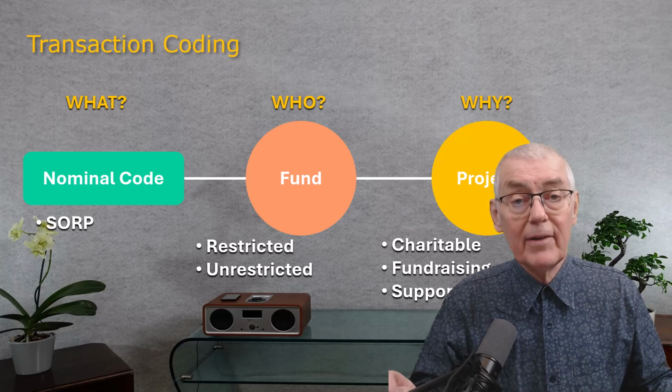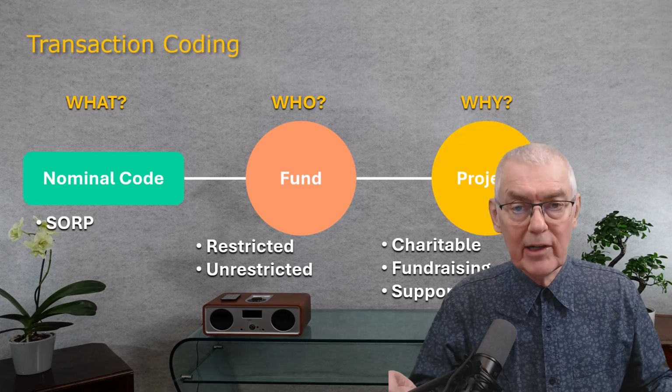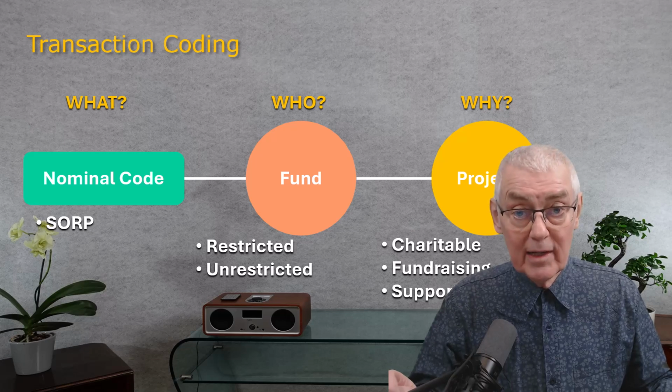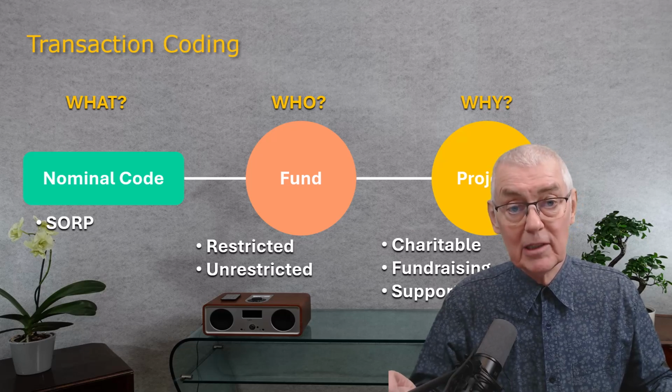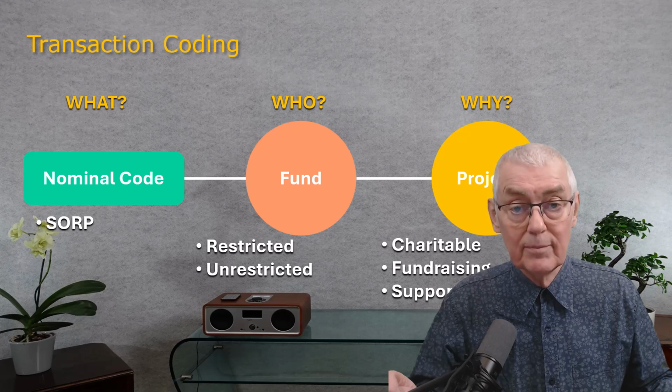By tagging every invoice or receipt with these three codes, nominal code, fund, and project, Eden automates a separation. You don't need manual spreadsheets to figure out how much is left in the youth fund grant. The system tells you instantly because the fund code was applied at source.